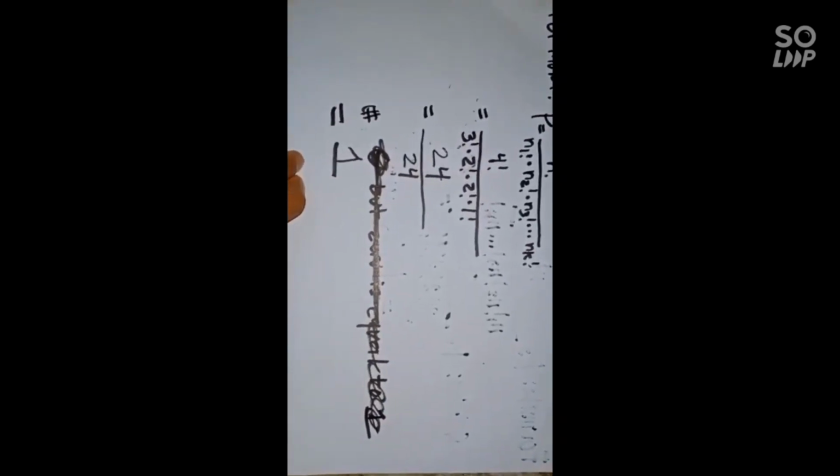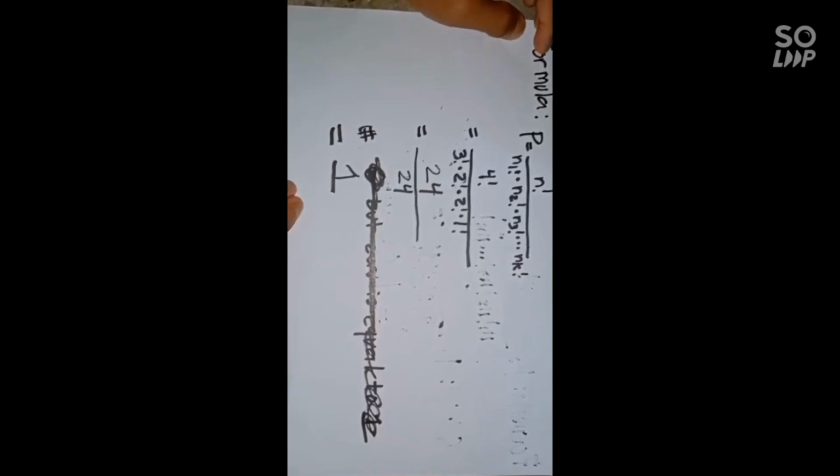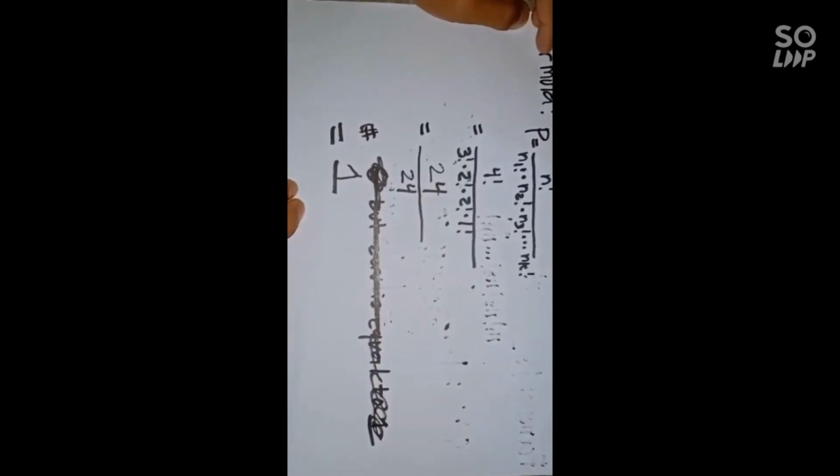Formula: P equals n factorial over n1 factorial times n2 factorial times n3 factorial times nk factorial, equals 4 factorial over 3 factorial times 2 factorial times 2 factorial times 1 factorial.